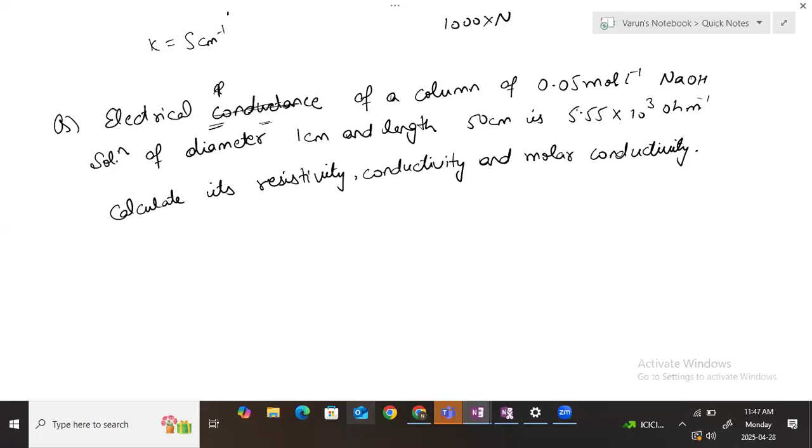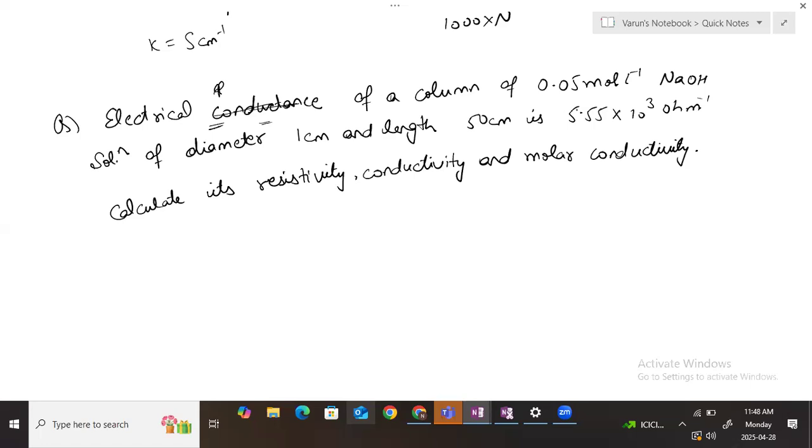You have calculated the resistivity, 81.135. Conductance was not asked in the question; G that you calculated is 1 by R. You have been asked the conductivity. Conductivity is the inverse of resistivity.